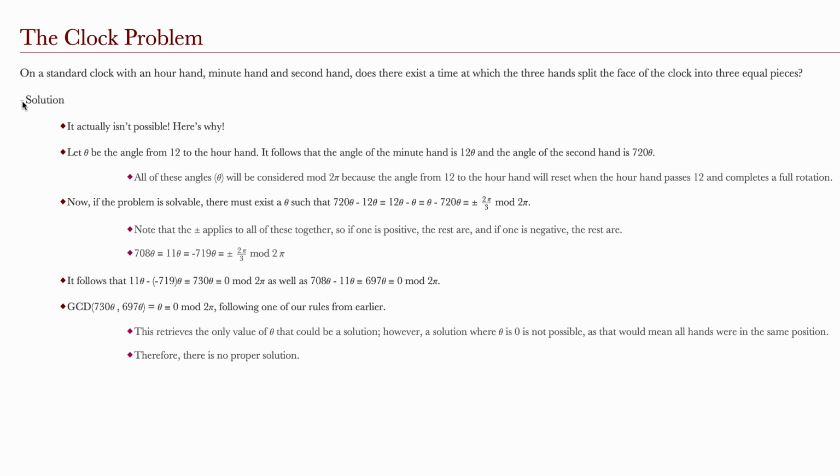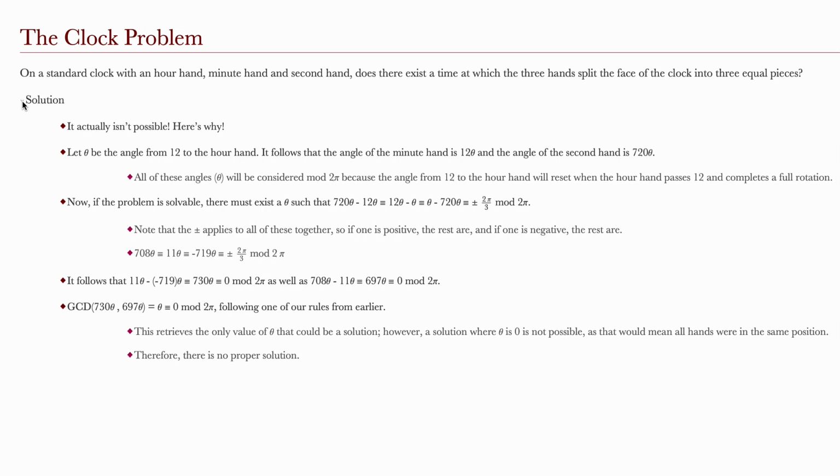It then follows that 11 theta minus negative 719 theta is congruent to 730 theta, which is congruent to 0 mod 2 pi, as well as 708 theta minus 11 theta is congruent to 697 theta, which is congruent to 0 mod 2 pi.